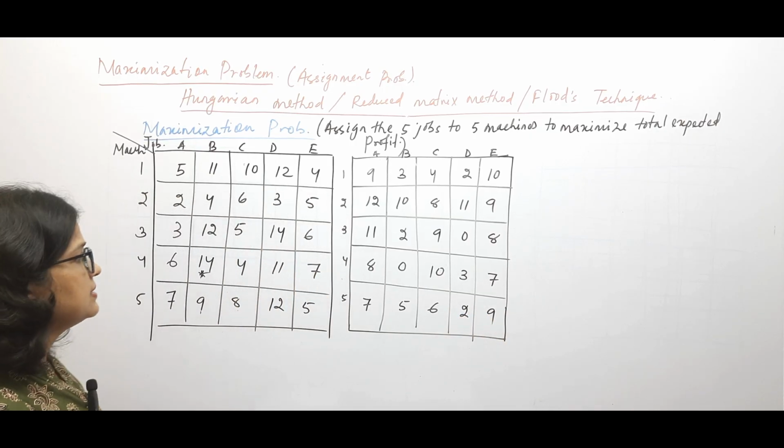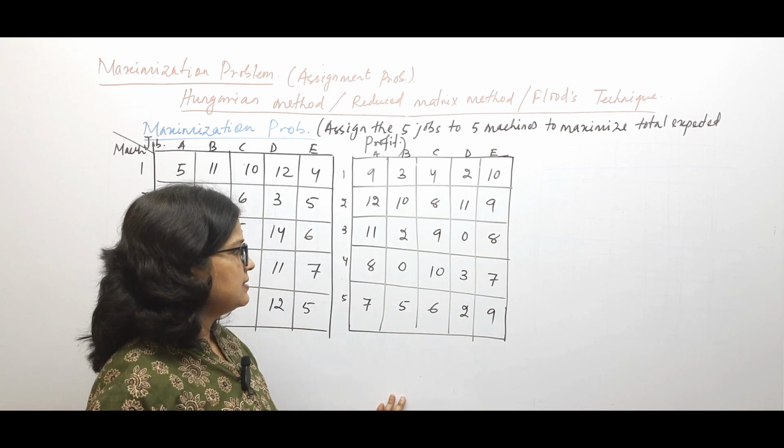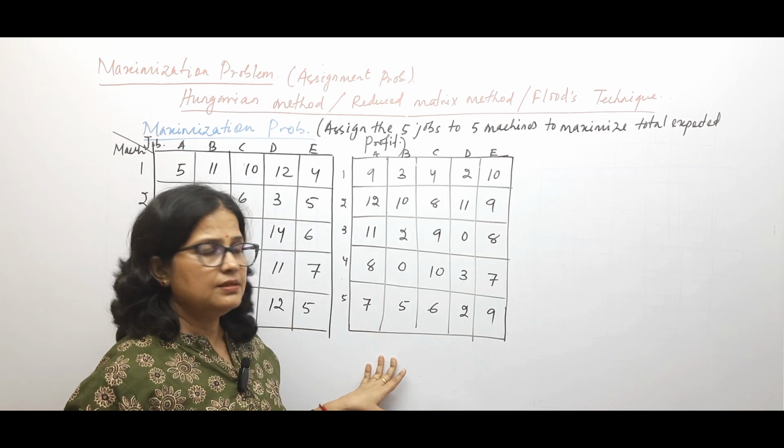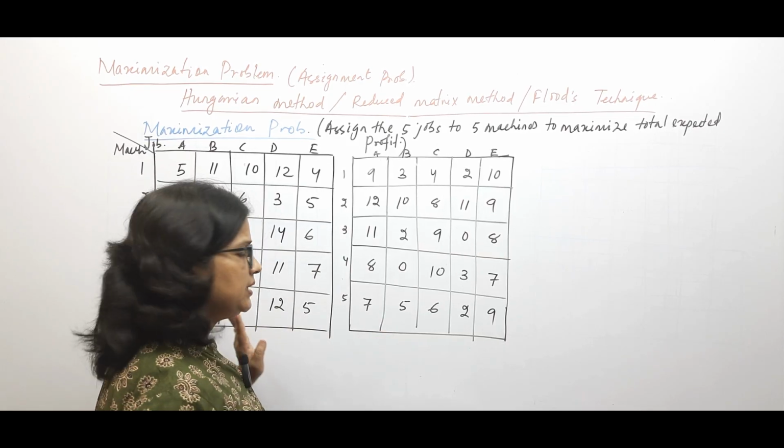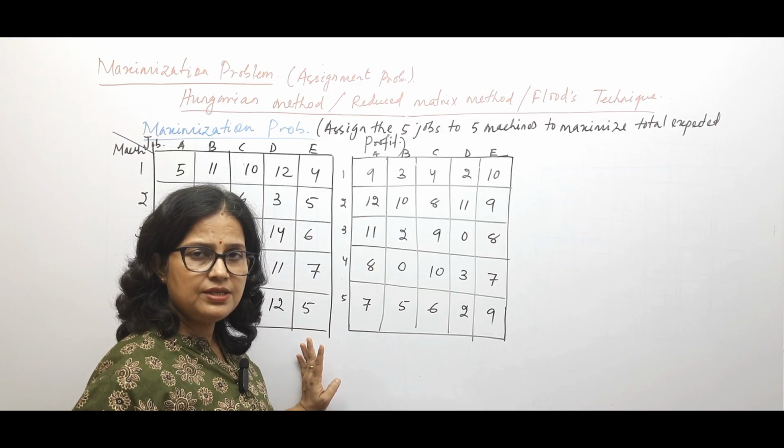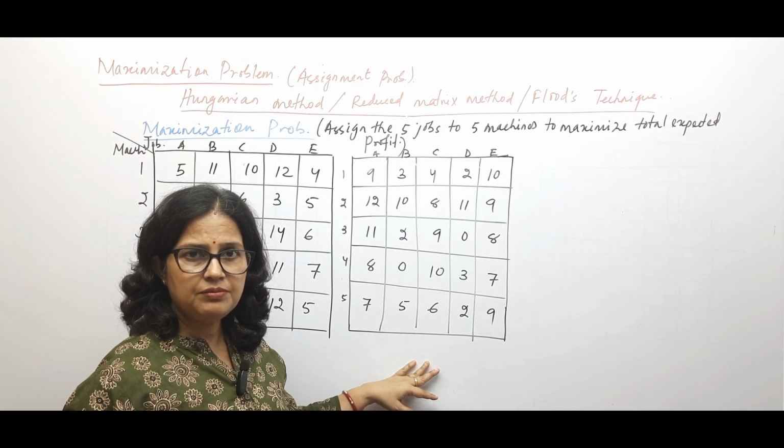So this matrix is a reduced matrix. This is a minimized matrix now. So we have converted the maximization matrix into a minimization assignment problem.